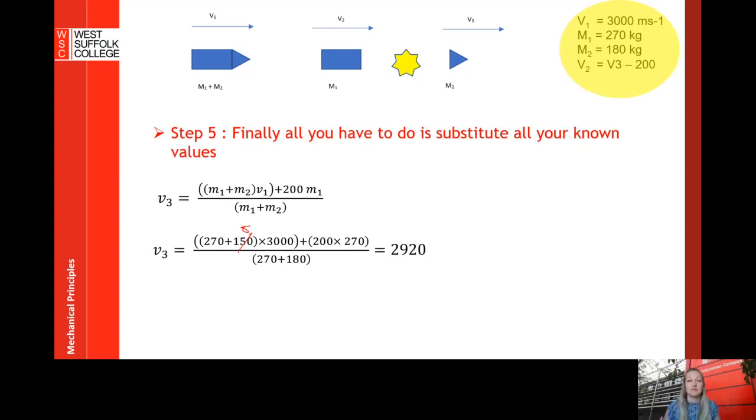Times 3000, which is my V1, plus 200 times my M1, which is 270, all over 270 plus 180. Now, when you type it into your calculator, you should be able to get 2,920.